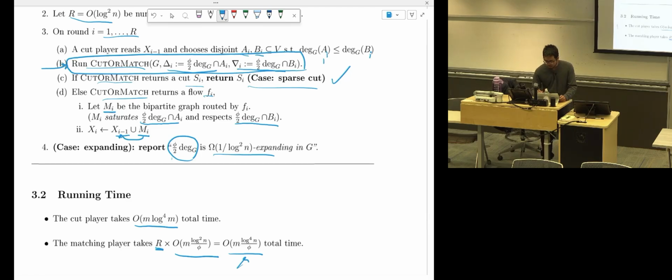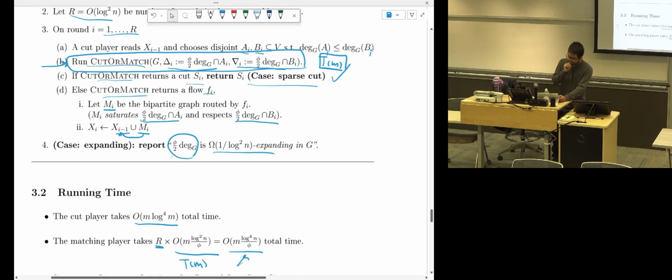This used to be, we used to just call max flow, and now we just don't call max flow. Right, so this used to be TM. Gotcha. Okay, good. So, questions?